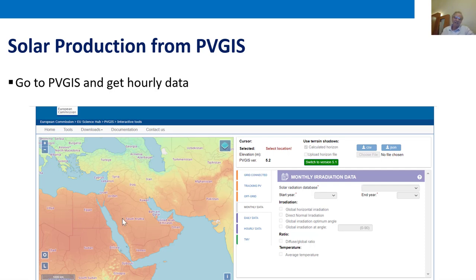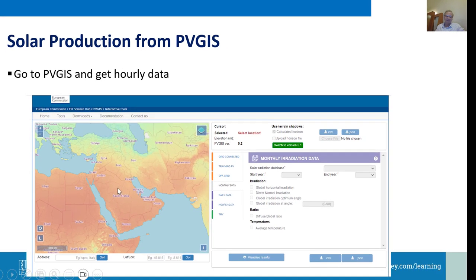So here's PVGIS, where you can get hour by hour. And here's Egypt and Libya. Who cares if it's Sudan, wherever you're going to project, Saudi Arabia, whatever, or anywhere around here, you're going to have a really low cost of solar power. You're going to use bifacial to increase the yield because you can get the reflection of the sand.